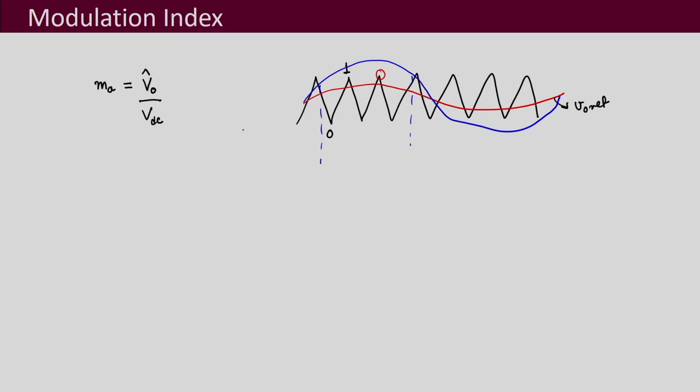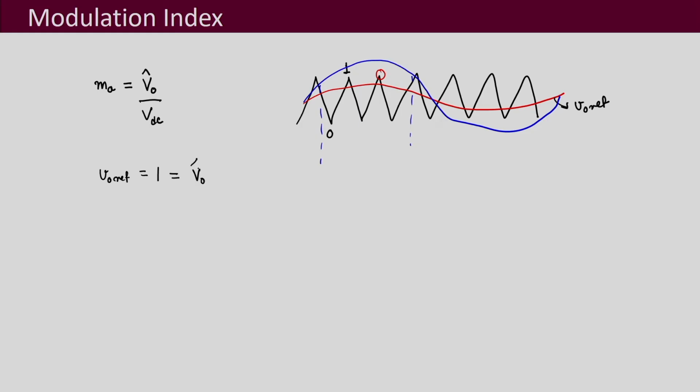Accordingly, there is a maximum value which the modulation index can take for a particular method of PWM. If we want to find out what that maximum modulation index is going to be for bipolar PWM, your VO ref can be maximum equal to 1.